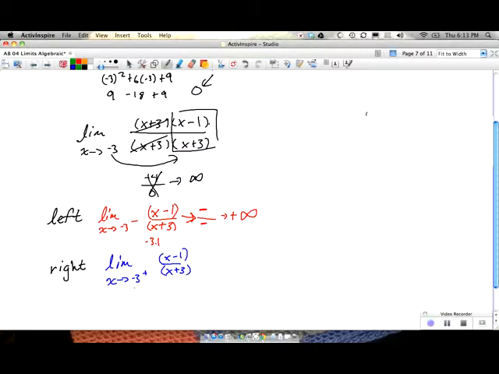And if we're going to look at this, something slightly bigger than negative 3, let's say like negative 2.9. On bottom, we're going to have a positive, and on top, we're going to have a negative, which means this is going off to negative infinity. So we have some disagreement here. We got a positive infinity and a negative infinity, which means the limit does not exist.